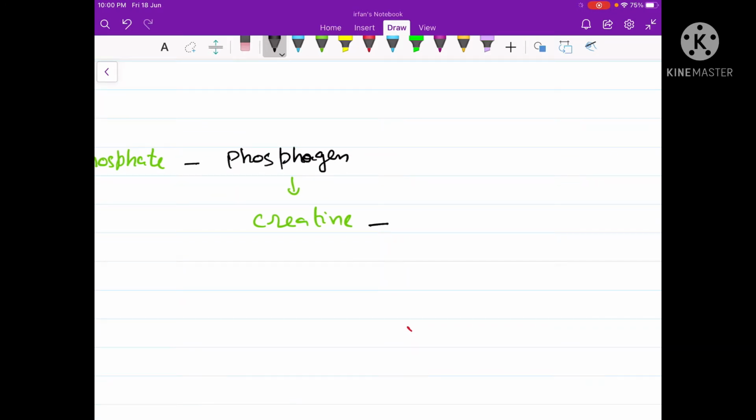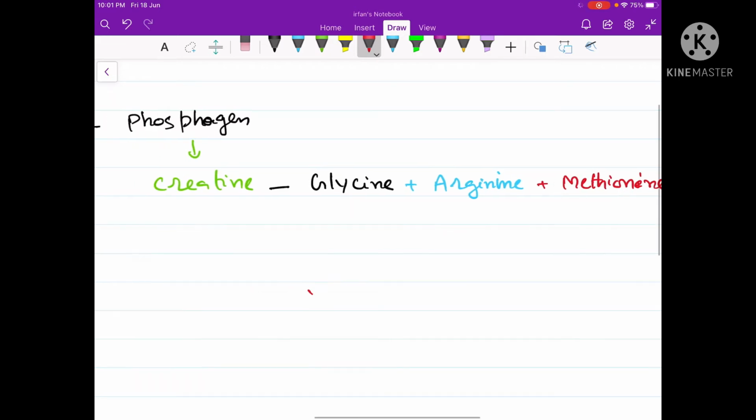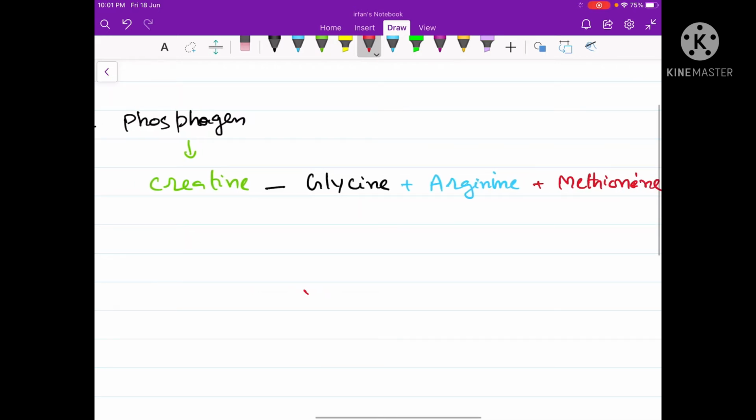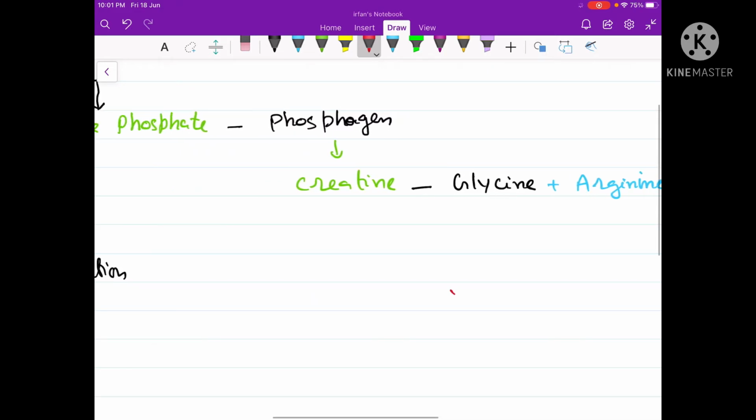The 3 amino acids that form creatine include glycine, number 1, arginine, number 2, and the third amino acid is methionine. These 3 amino acids will form creatine, and when creatine is associated with the second molecule, that is the phosphate, it forms the creatine phosphate.